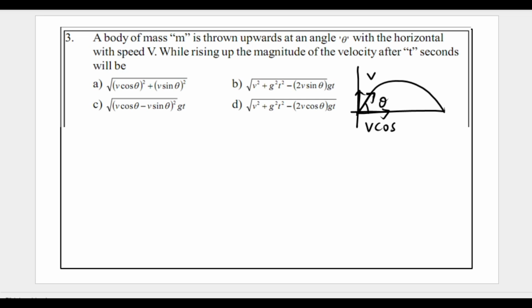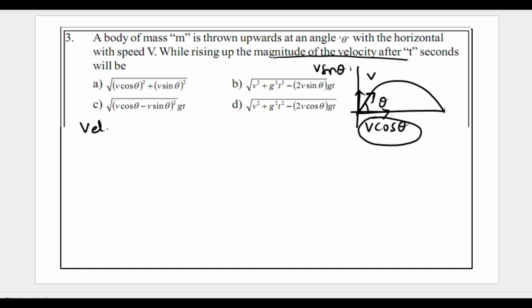Along x we get v cos theta, since v makes angle theta, and along y this is v sin theta. After t seconds, the horizontal velocity remains constant.